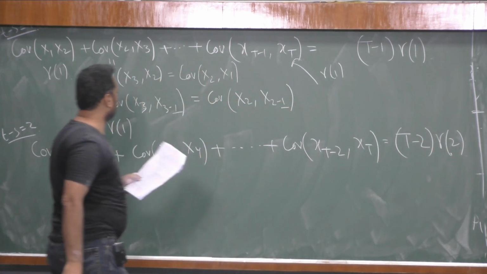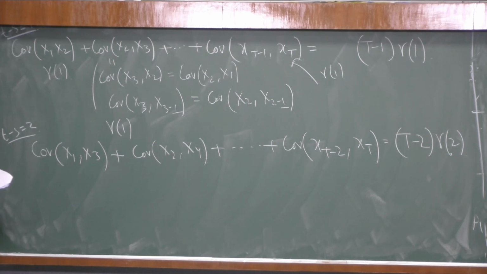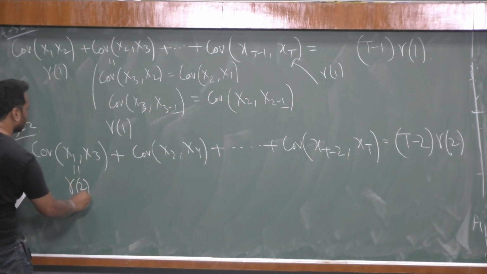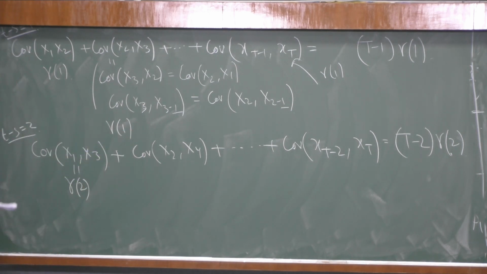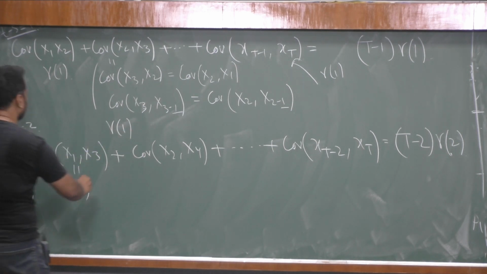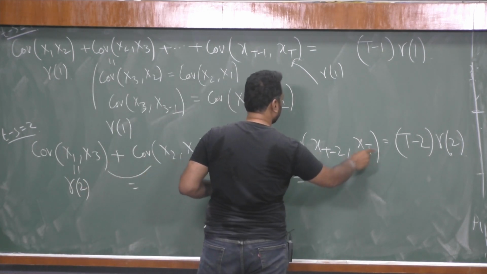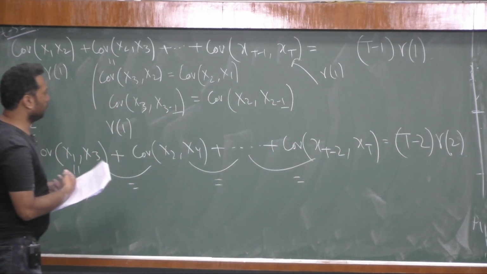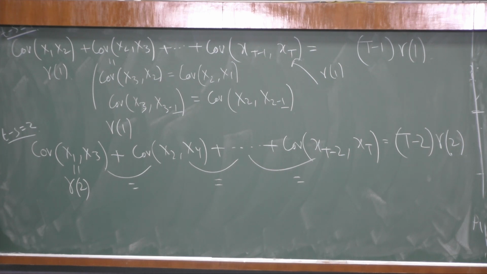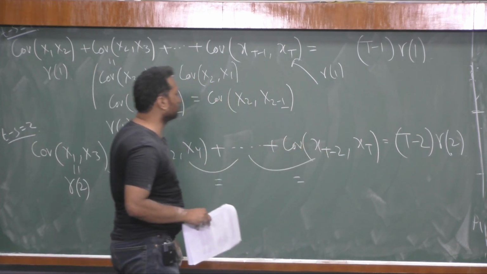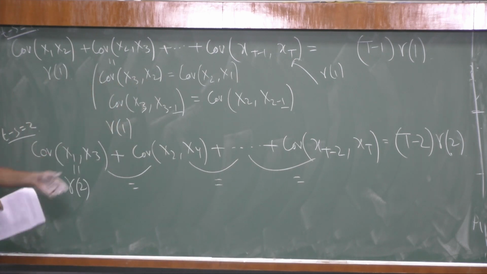Each of these terms is equal to gamma 2, which is nothing but the autocovariance. We start from 1 and end at t minus 2, so there are t minus 2 terms, and each of them is gamma 2.